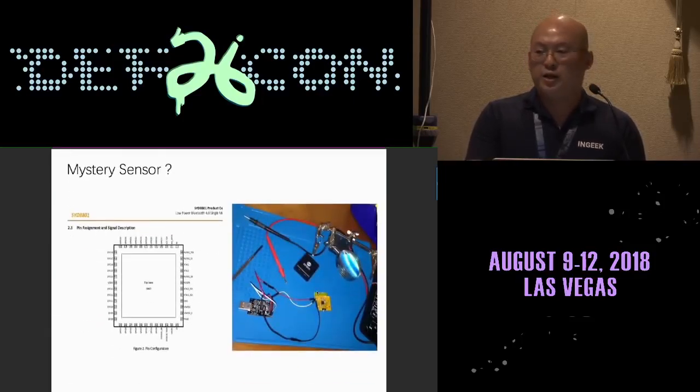So I took a look at the data sheet of this particular chip, and I tried to connect. From the data sheet we find out it actually supports UART, SPI, all those common protocols. So I connected to it and tried to find a hint of what it may do, but I could not find much useful information.